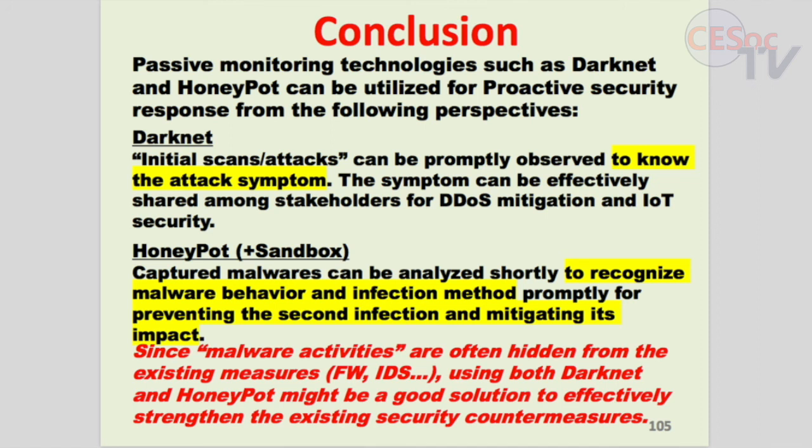And another one is honeypot plus sandbox. Captured malware can be analyzed shortly to recognize malware behavior and infection method, promptly preventing second infection, later infection, and mitigating its impact.